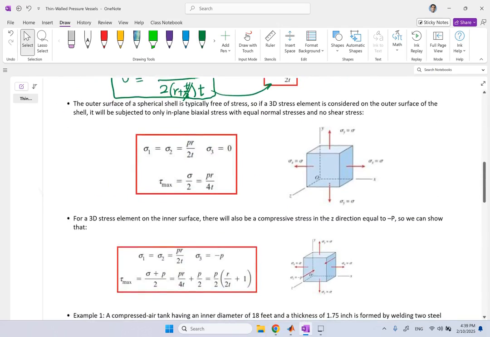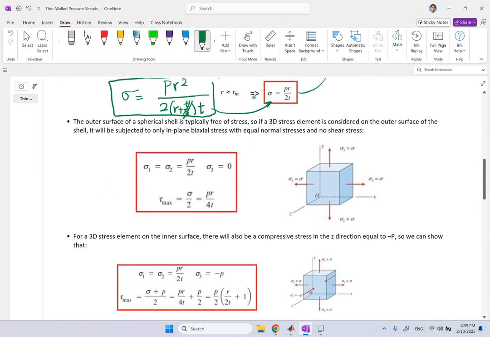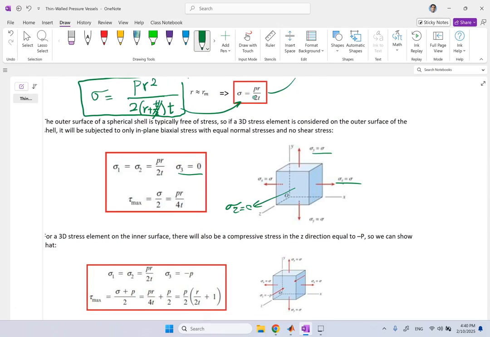Yes? So in this case, I can say that sigma x and sigma y are both equal to sigma, PR over 2t, but in the z direction, sigma z equals 0. So it's a plane stress scenario. And so if you look at the Mohr circle that I taught you in the previous video, since both of these are the same point and sigma 3 is 0, all three circles will collapse to 1, right?